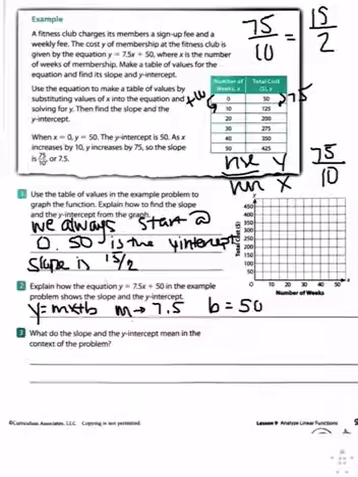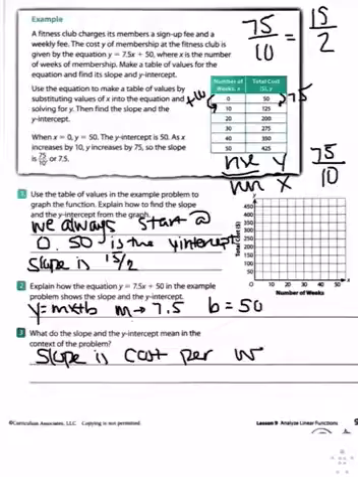In problem number 3, what do the slope and the y-intercept mean in the context of the problem? So if we look at our slope, it is going to be the cost per week. Slope is the cost per week.